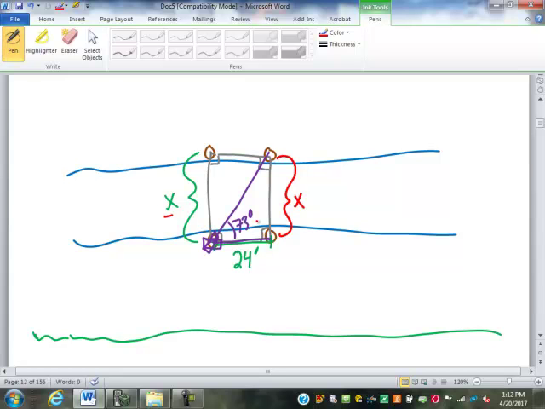How are we going to find x? Well, we're committing to using this angle. So we've got the angle that we're going to use. Now we identify the side that we know. What side do we know the length of? 24, and which side is that?